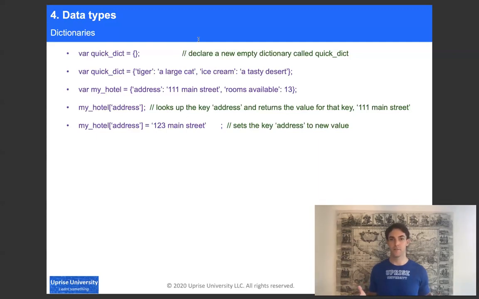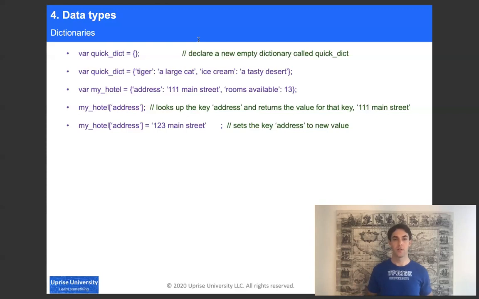So 13 is the value associated with the key rooms available. Another important point here is the value can be a string or an integer or anything else for that matter.